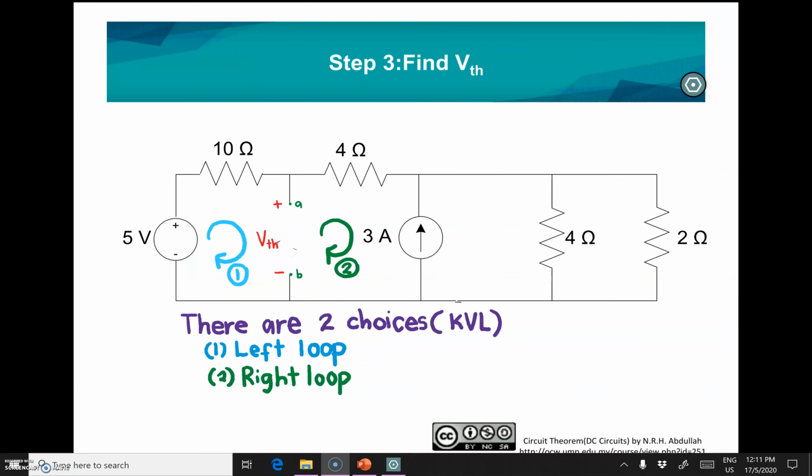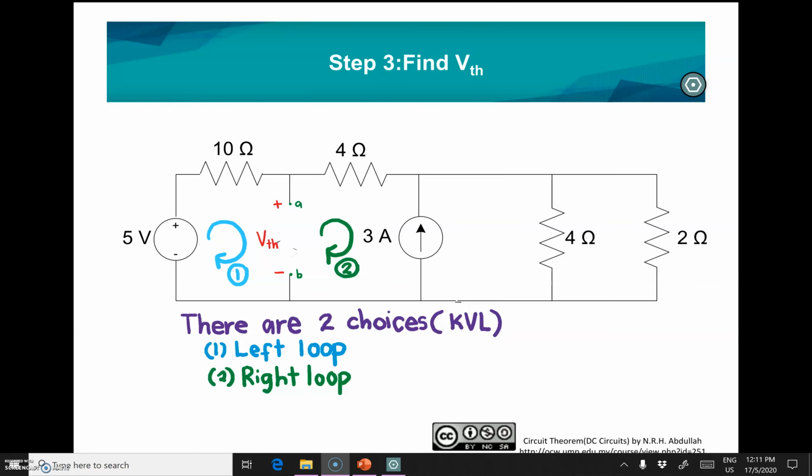As for step number 3, you have to find the V Thevenin. As referred to in the circuit, the V Thevenin is in the middle, in between loop 1 and loop 2. So there are two choices in order to do the KVL.